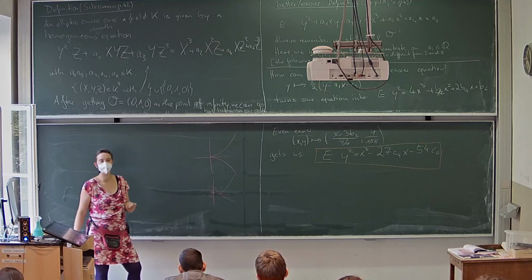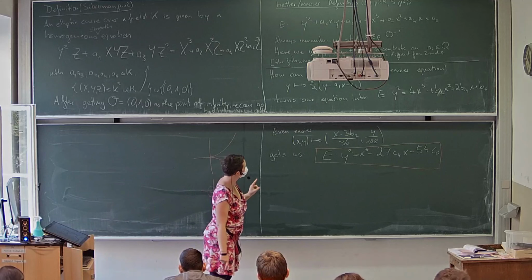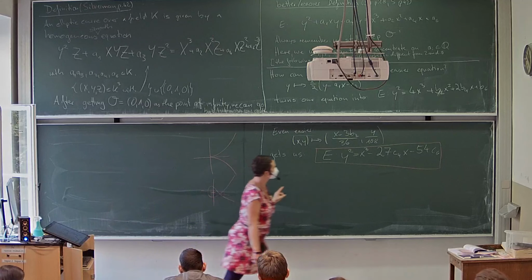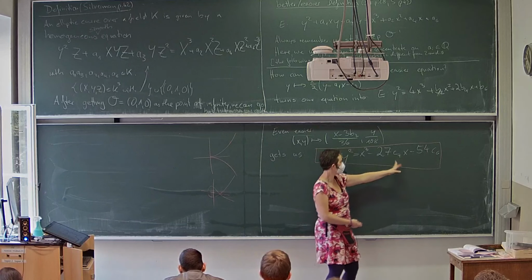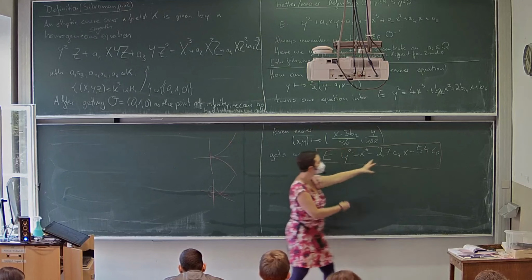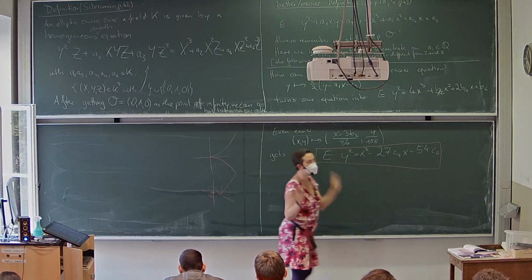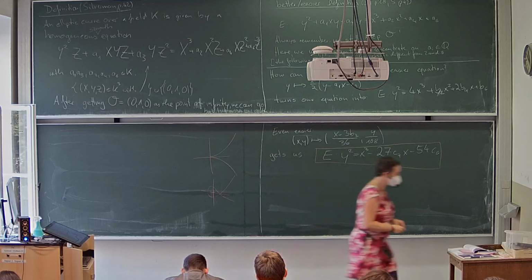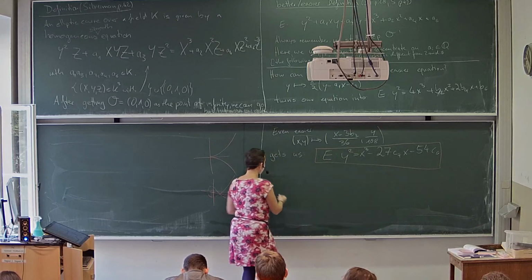One question regarding the form, but of course we don't need to remember that 27 and 54 appear in this form. Because these are rational numbers, so they can also be something over 27. I just kept this so that you can look up the constants if you like. But now let me write down the definition.